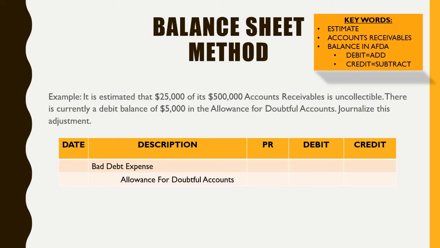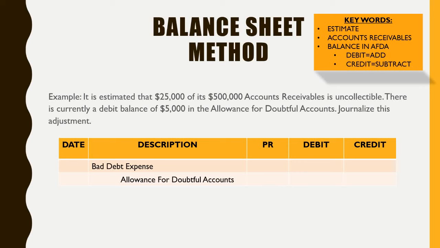Because I have to go 5,000 to get to zero, and then I have to go an additional 25,000 to get to my $25,000 credit in my allowance for doubtful accounts. So in this case, your end goal is you need to have 25,000 in your allowance for doubtful accounts.